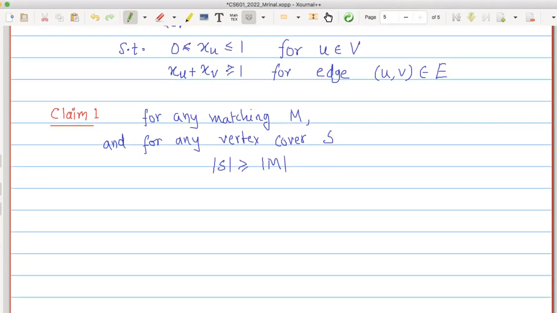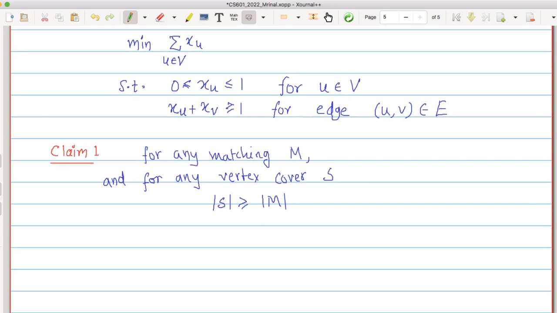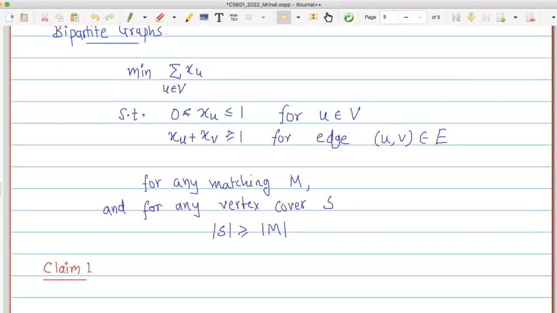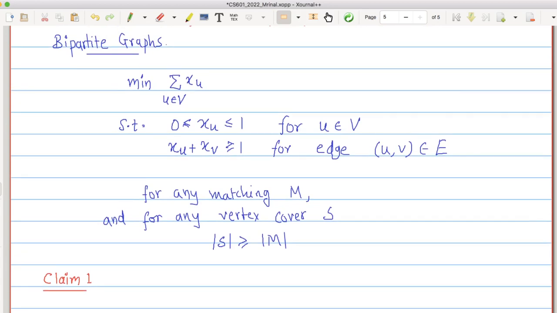Now, this is not an interesting claim. I mean, this we know, but the interesting claim is that matching you can also use to give a lower bound on the optimal solution for this LP, right?